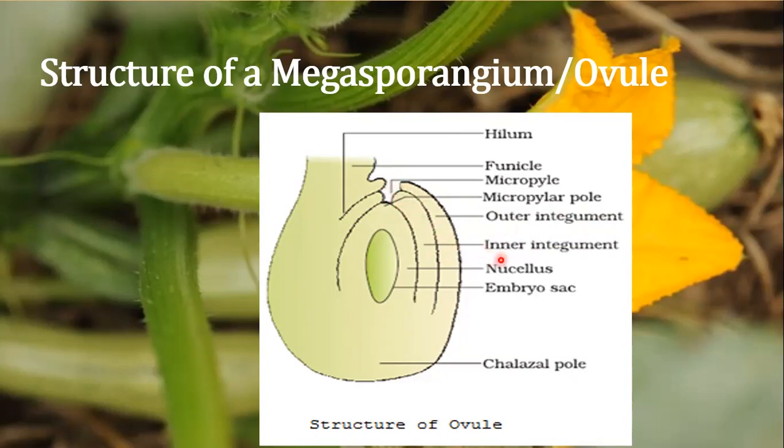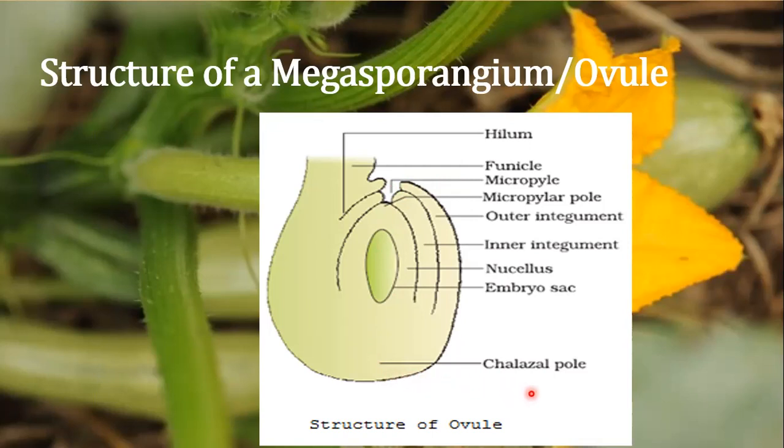Inner to the inner integument, there is a tissue called nucellus. These nucellus cells are rich in reserve food materials. One of the nucellus cells becomes the embryo sac, and the remaining nucellus cells nourish the developing embryo sac. Opposite to the micropylar region, the basal region of the ovule, we call the chalazal region.